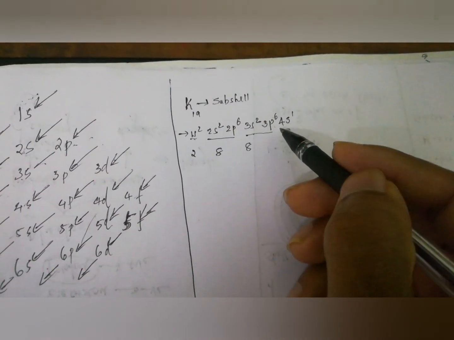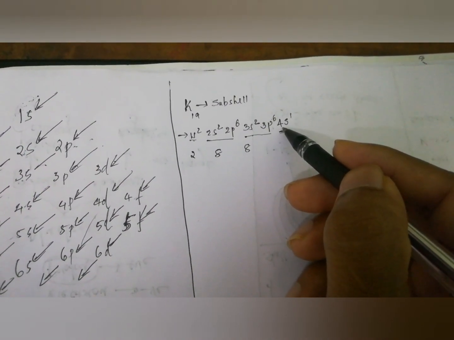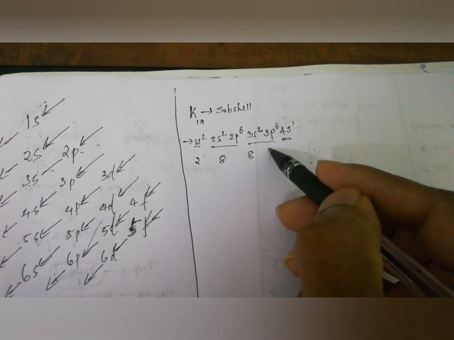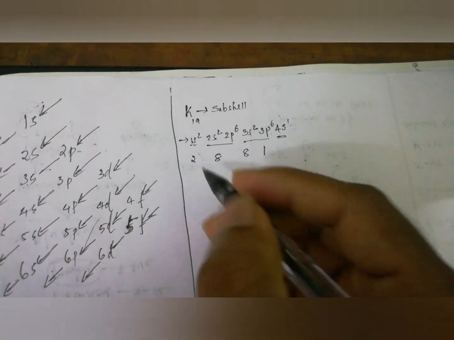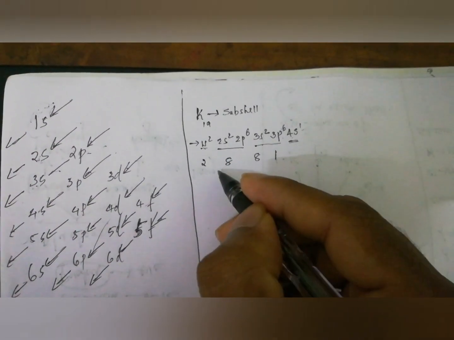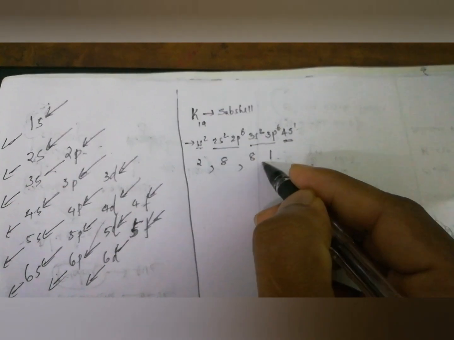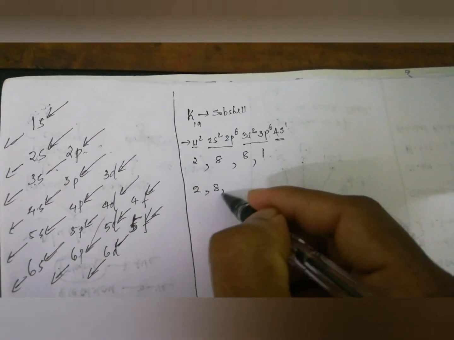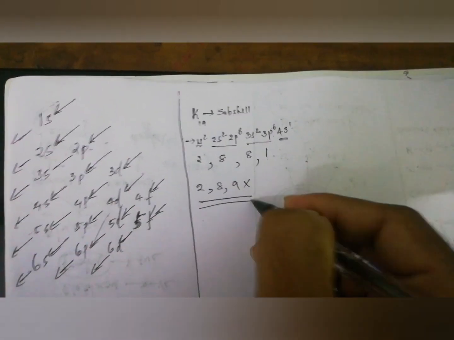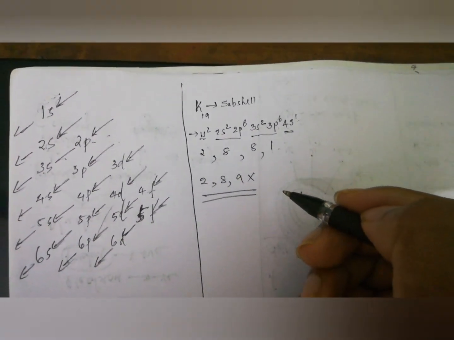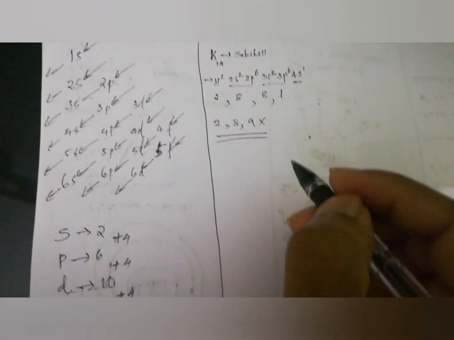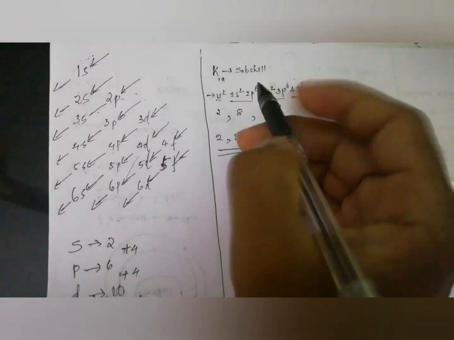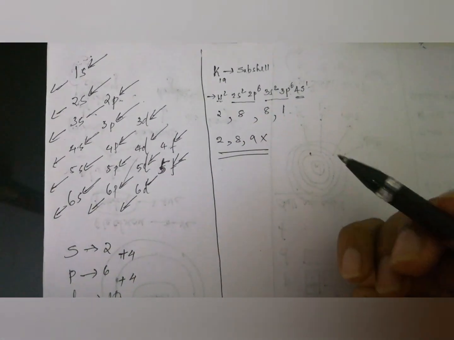In the fourth shell, that is the N shell, there is only one subshell. It contains 1 electron. Therefore, the electronic configuration will be 2, 8, 8, 1, not 2, 8, 9. You understood, guys? Therefore, the electronic configuration is written based on the subshell electronic configuration.